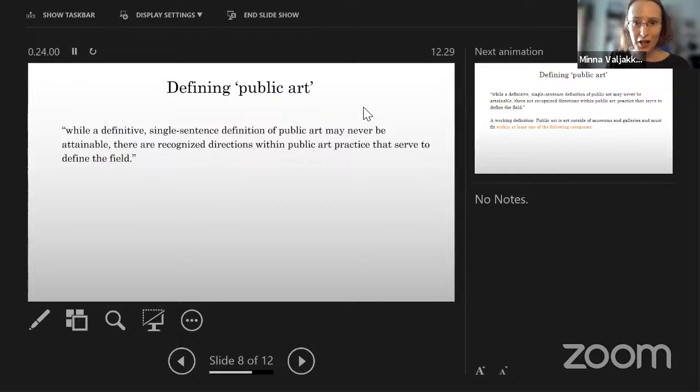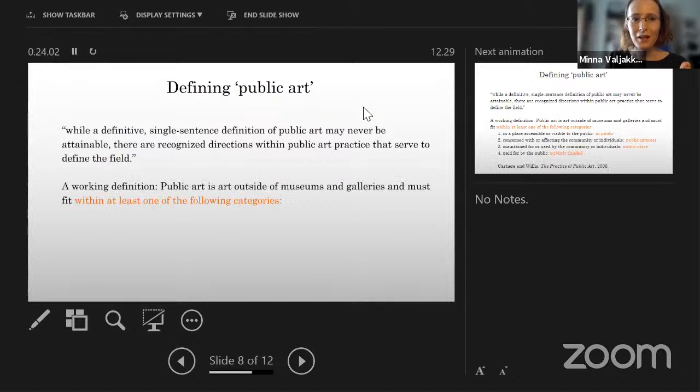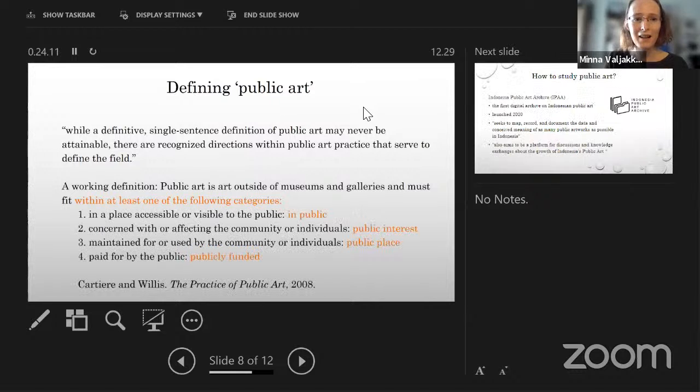So this is just a suggestion, a working definition: public art is art outside of museums and galleries and must fit within at least one of the following categories. In a place accessible or visible to the public, so in public; concerned with or affecting the community or individual, so the public interest; maintained for or used by the community or individual, so public place; and paid for by the public, so publicly funded.